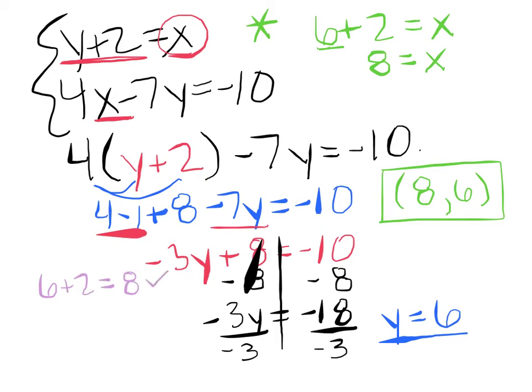True? True. Second equation. 4 times x, which is 4 times 8, minus 7 times y, which is 6, equals negative 10. 4 times 8 is 32, minus 42 equals negative 10. That's how you check your answer. It's always a good idea to do that, because then you know you got the problem right.